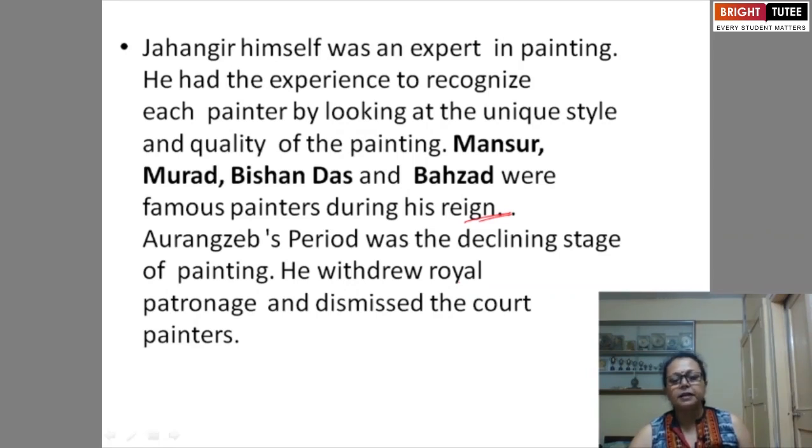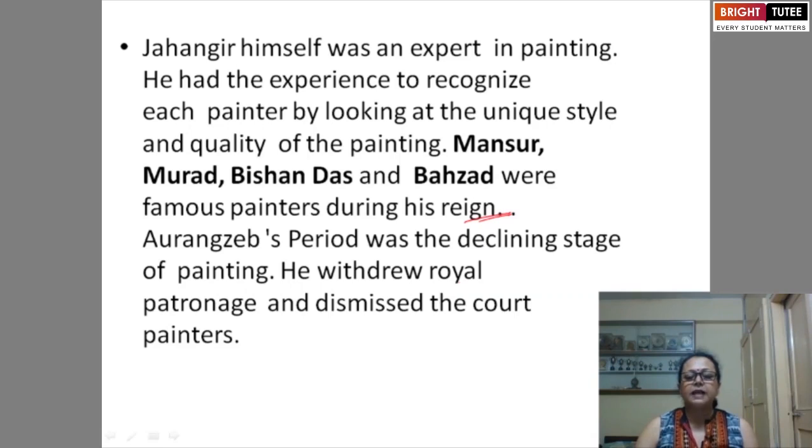But unfortunately, what happened? Aurangzeb's period was the declining stage of painting. Why was it so? Because he was an orthodox Muslim and he considered painting as anti-Islamic, because color is not recognized by the Quran Sharif.